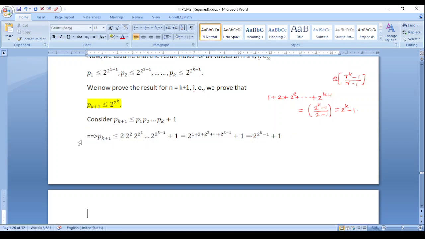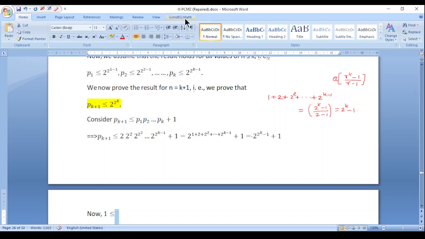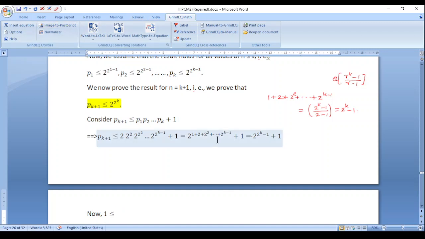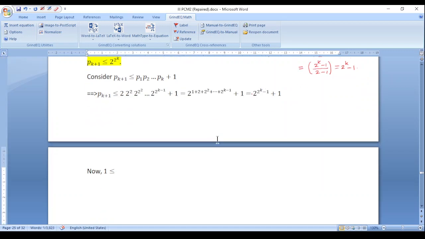Now, I can also see that this 1 can be easily rewritten as 1 less than or equal to 2 to the power k minus 1 for all k as such.